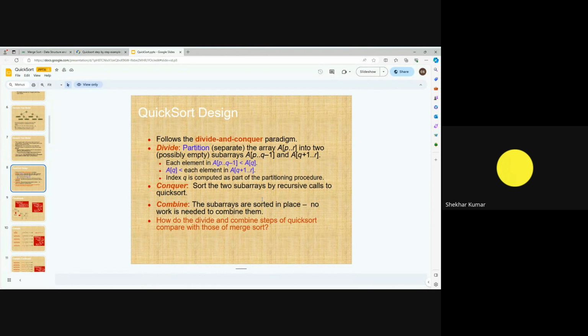All the values in the left part are less than the pivot value, and all the values in the right part are greater than the pivot value. After the partition, the pivot value will be placed in its correct position in the sorted order. Now we have the same situation.